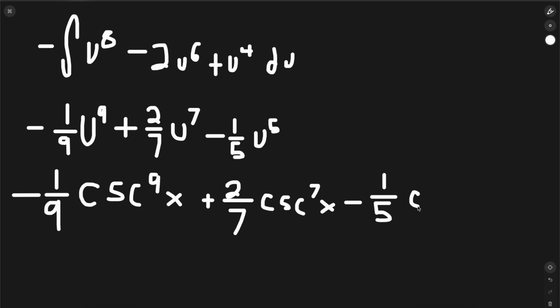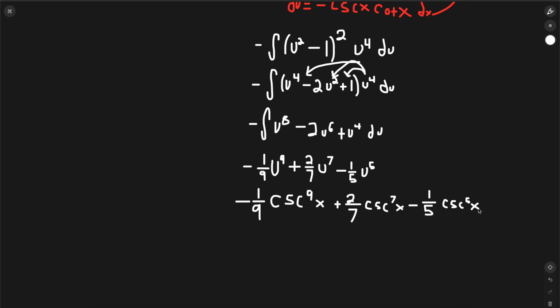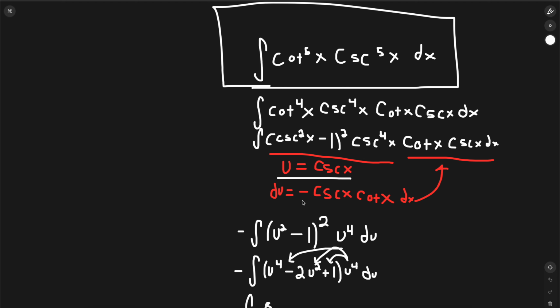Okie dokie. So that's a lot of writing, but that is the overall integral. Sorry, I made that mistake earlier where I didn't point out that this negative needed to come out front.